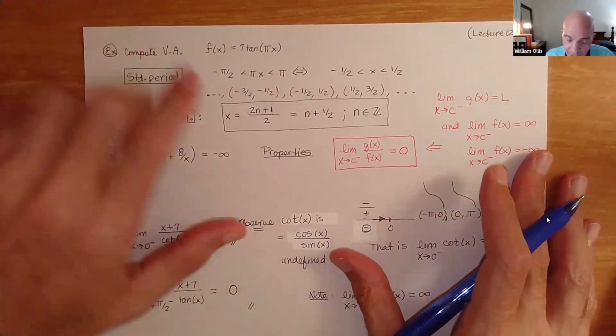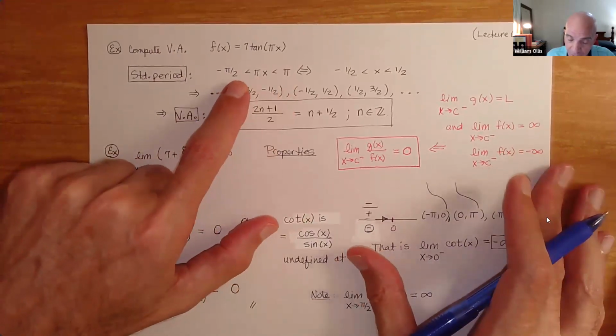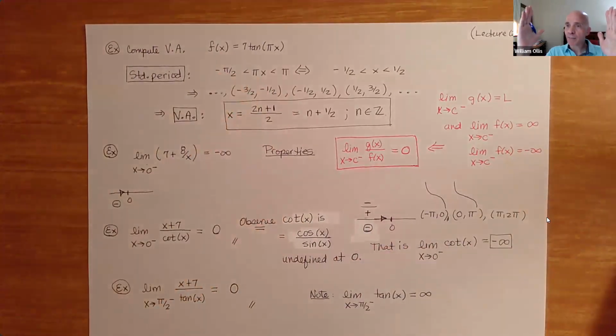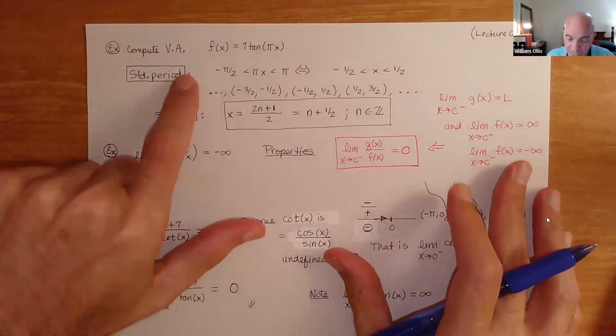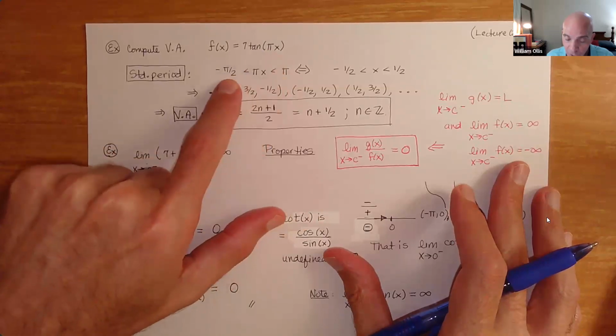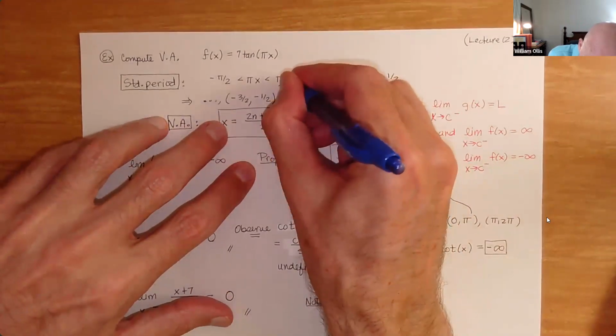So when you look at this, if we think of the standard period of the tangent function, we have the principal vertical asymptotes, -π/2 to π/2. So you simply sandwich the pi x between -π/2 and π/2. And let me put in, I left out my 2 here.